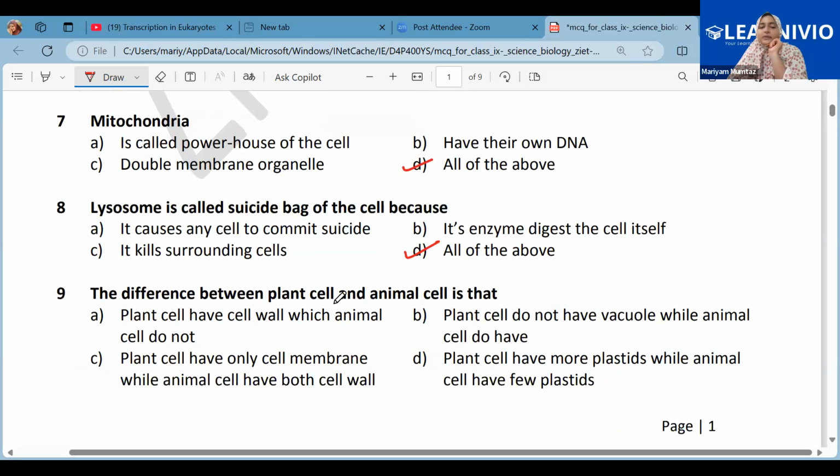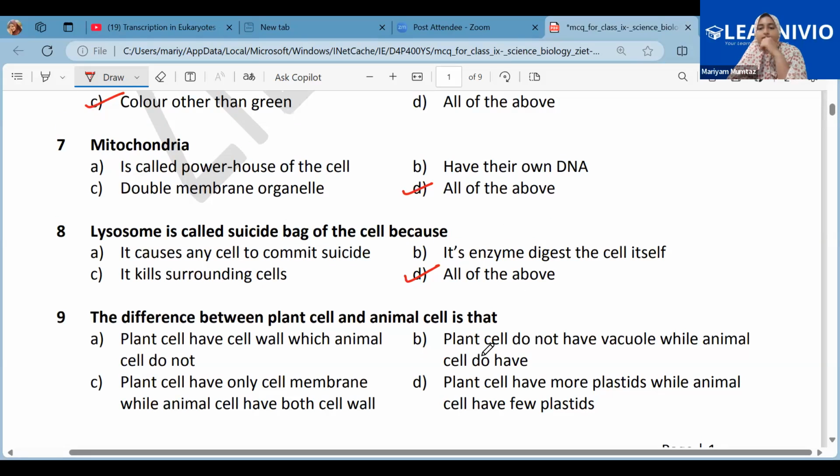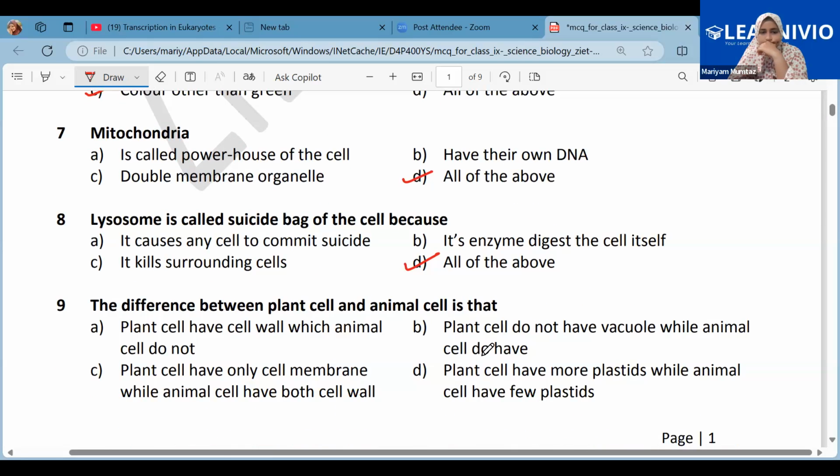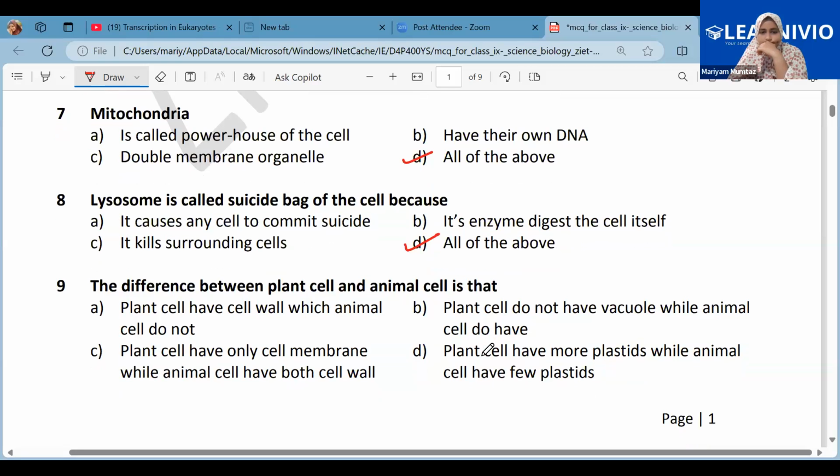The difference between plant cell and animal cell is that: A, plant cells have a cell wall which animal cells do not. Right, A. Everyone agrees? Yes, ma'am.